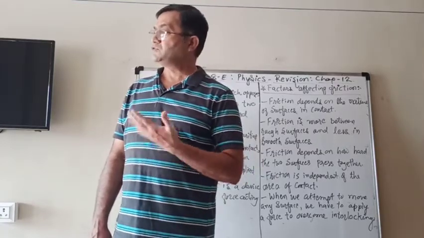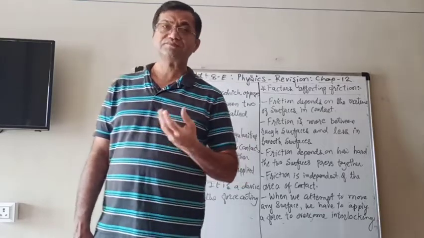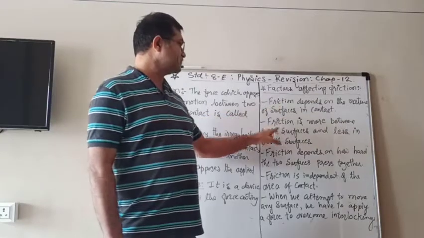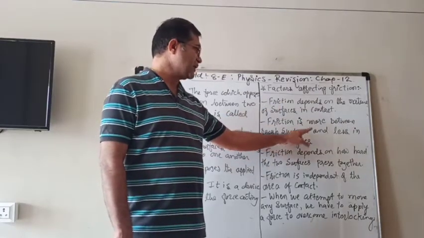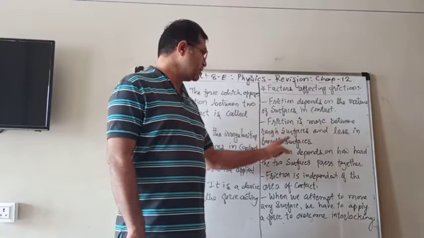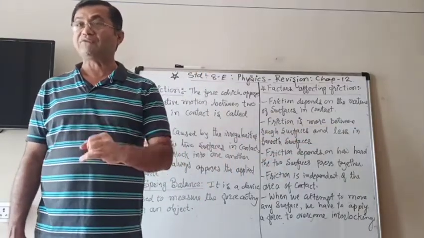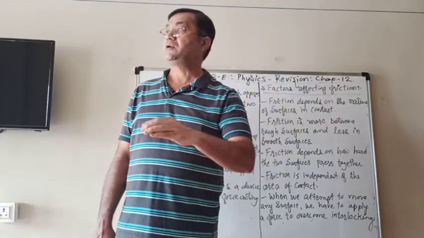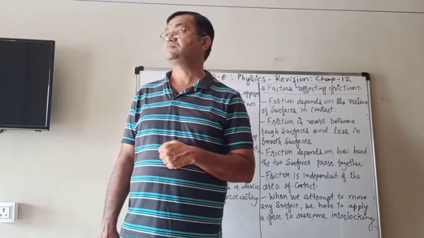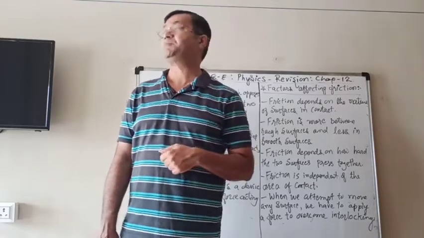So what conclusion can you get about it? You can say that friction is more between rough surfaces and less in smooth surfaces. And therefore it is not easy to walk on a wet surface. There is a chance to slip.